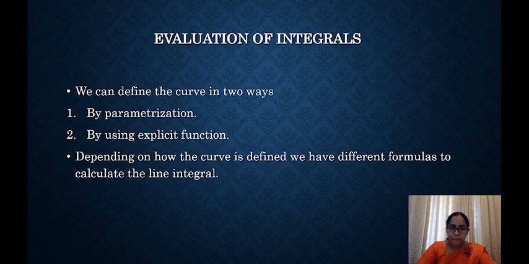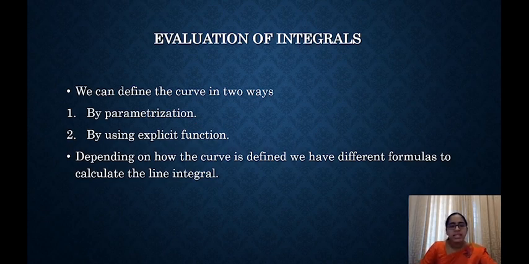We know that any curve can be defined in two ways: by using parametric equations, that is by parameterization, or by using an explicit function. So either we will define a curve and give the corresponding parametric equations, or we will define that curve in the form y is equal to f of x. In both these ways we have different ways of evaluating our integral.